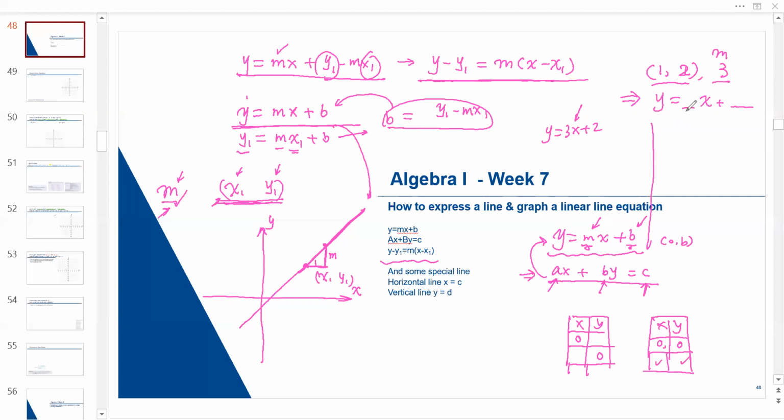So we already told you this one. What's the slope of this one? What's the b? I didn't see any other responses here. Let me go to see.